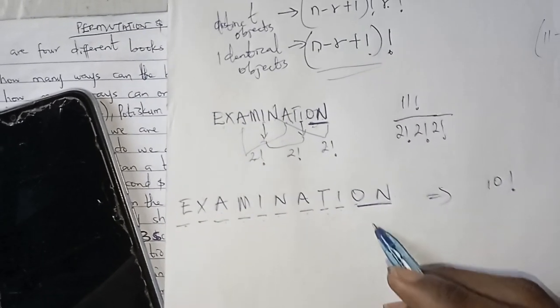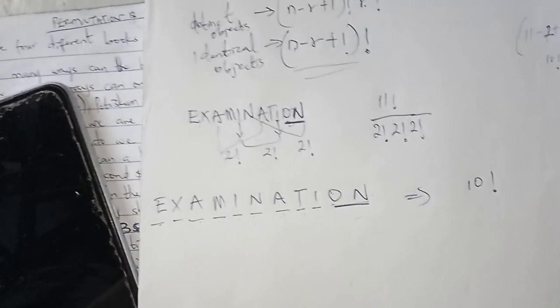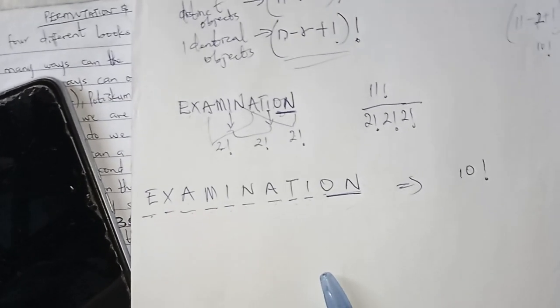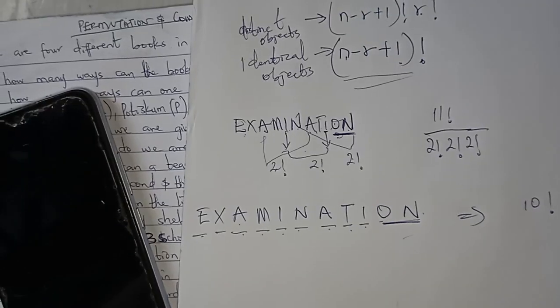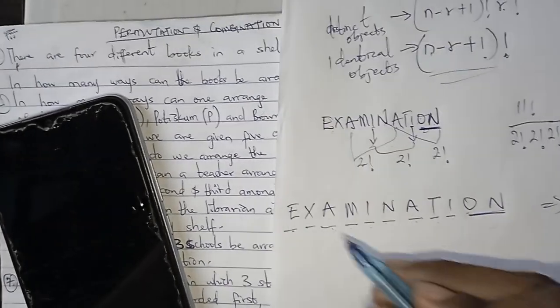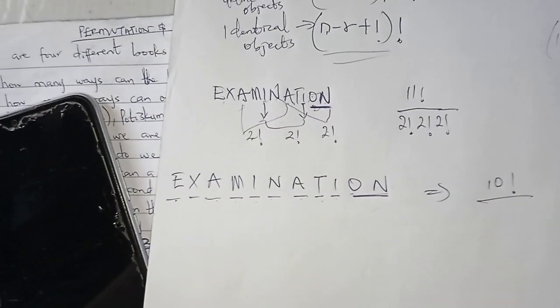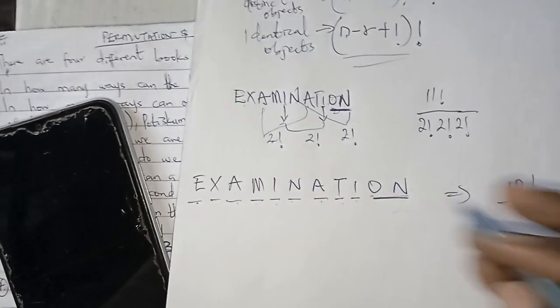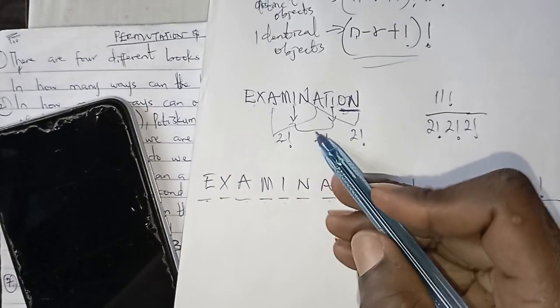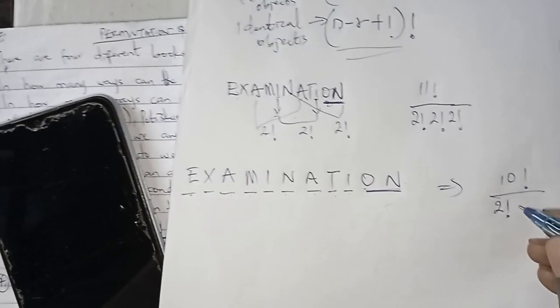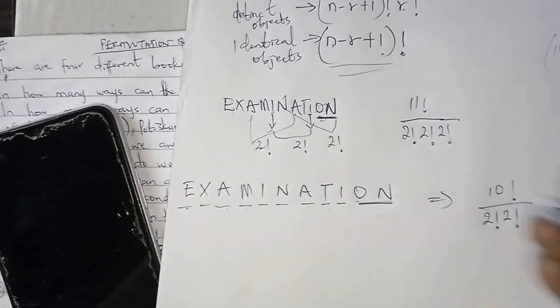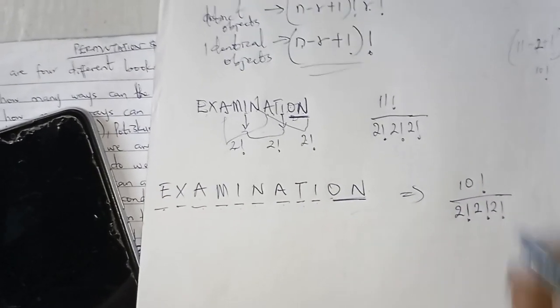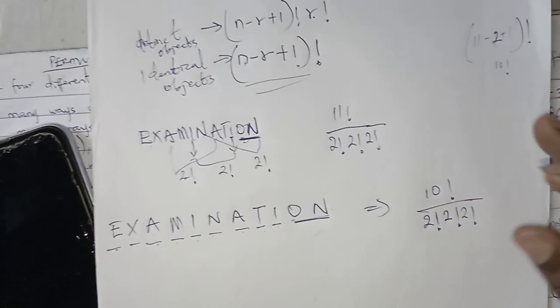So for that reason, I'm simply going to have it all over 2 factorial for A, 2 factorial for N, and 2 factorial for I. See it? Are you seeing it?